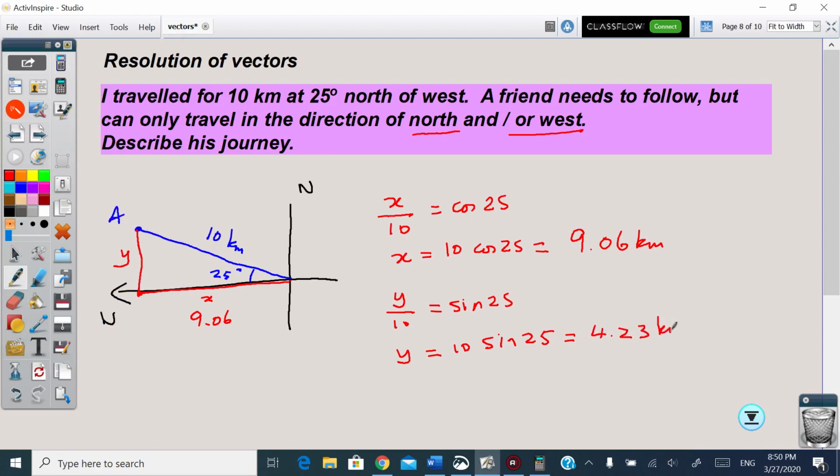Three significant figures. So my friend can follow me either by taking this route westwards and then this route northwards, or he can take an alternative route, which is 4.23 kilometers due north and then 9.06 due west.